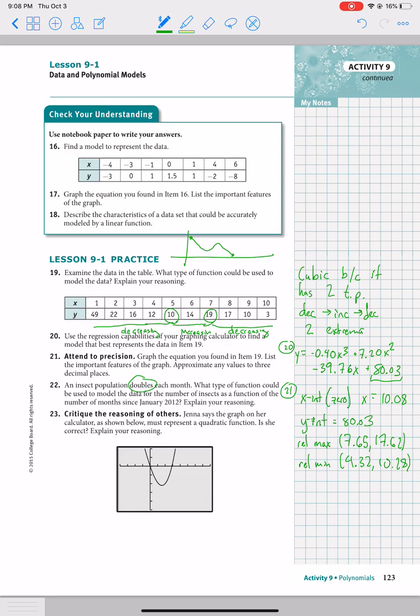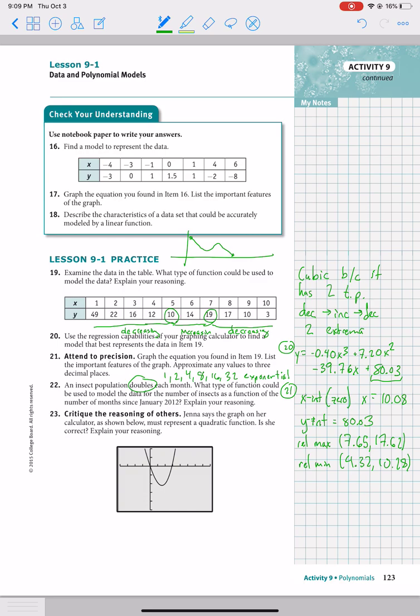So this one, we haven't really talked about it yet because this is a function that we did not discuss. It's the next unit after this. But we can pretend. Here's one insect. The second month would be 2 because it doubled. 4, 8, 16, 32. Right? It's actually increasing at an exponential rate. So if we didn't get number 22, that's fine, because it was not within this unit that we were studying.